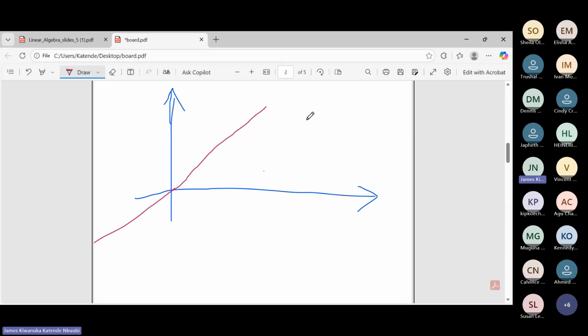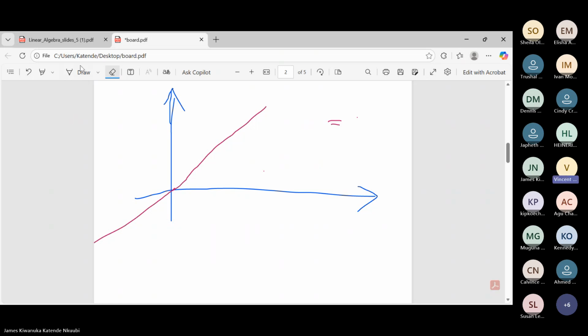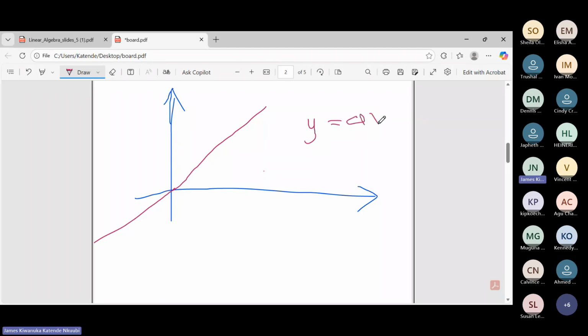will be a line of the form y is equal to ax. I need to get a pen. So this is what we get, y is equal to ax.